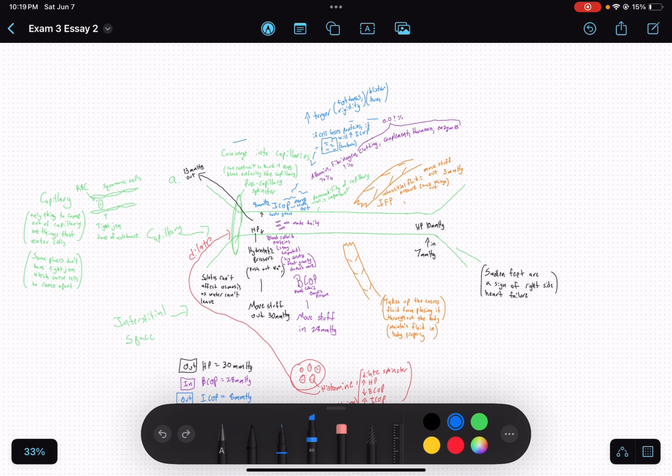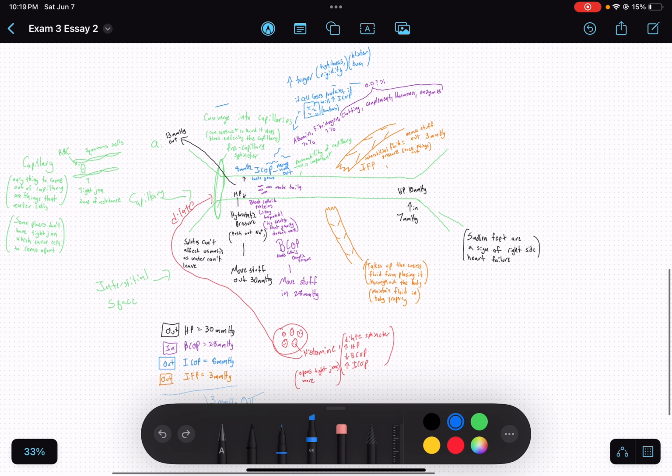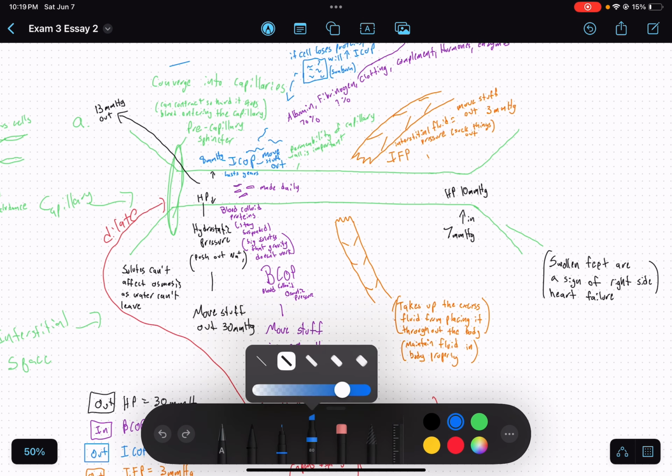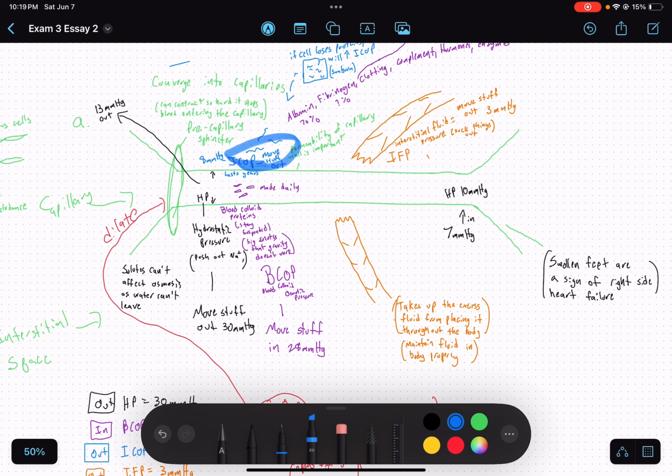So if you have your heart not working properly, it can cause this. Or if you're increasing hydrostatic pressure, it'll cause it. Or if you're decreasing your interstitial colloid osmotic pressure, it can cause that.